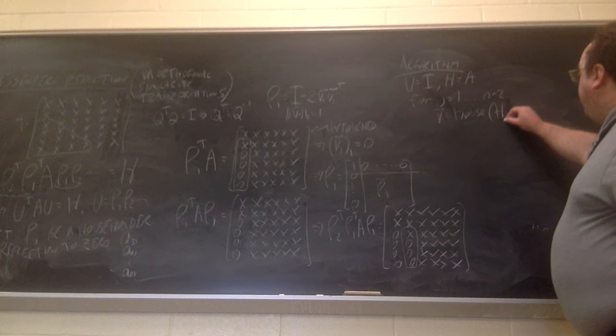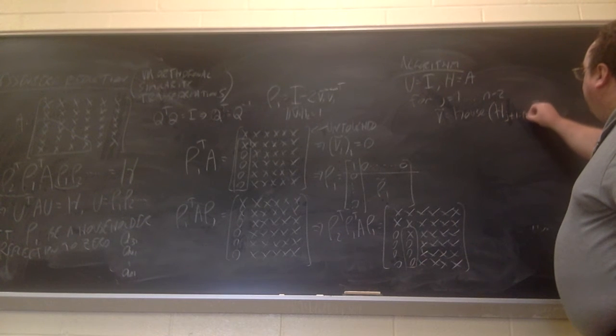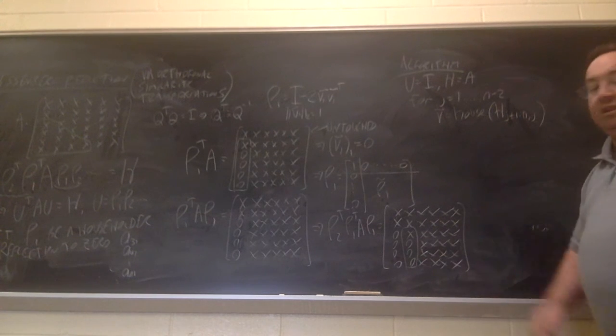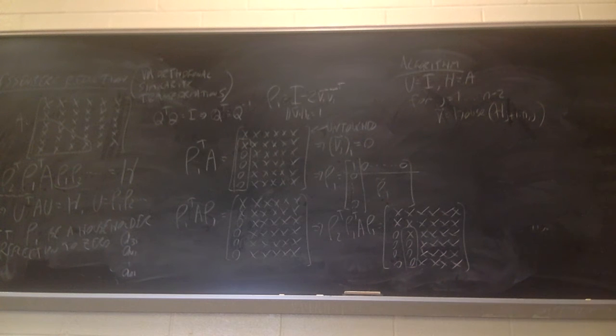So I start at j plus 1 all the way to the end, column j. So the same house function you used in the homework, although a lot of you had the slightly incorrect house function that would work in most cases, but you'll be hearing about that later.